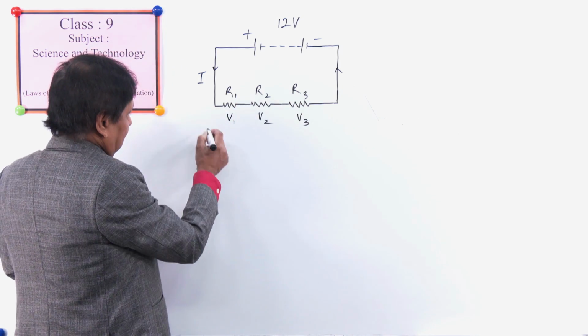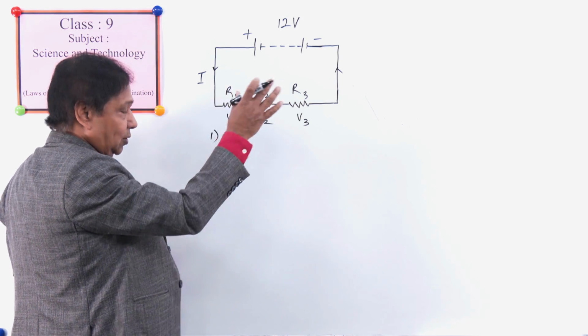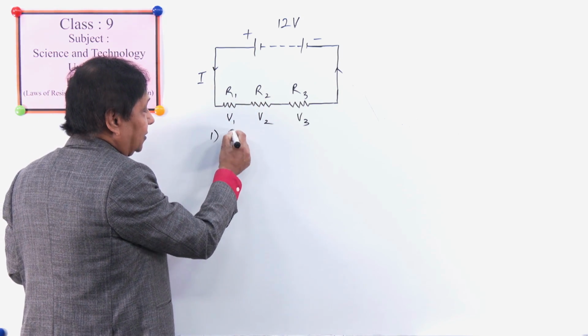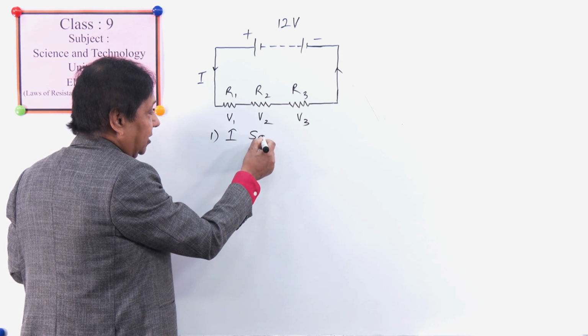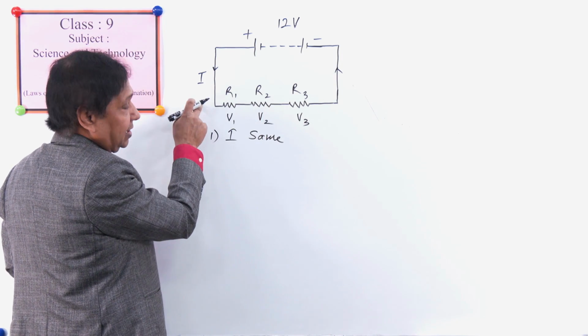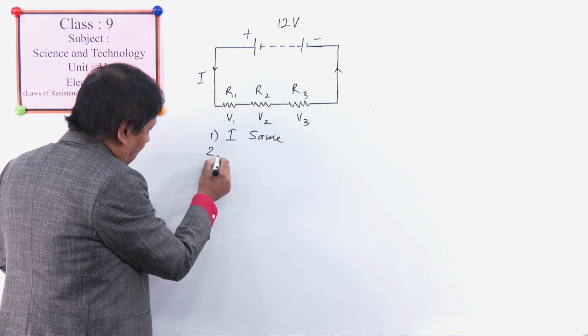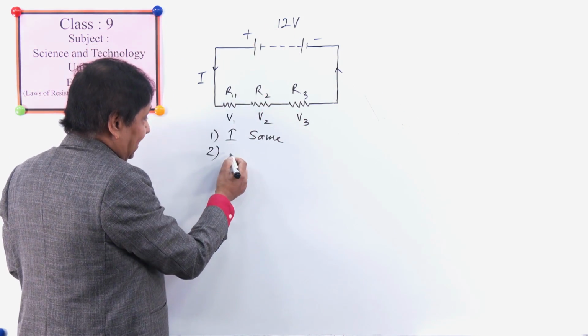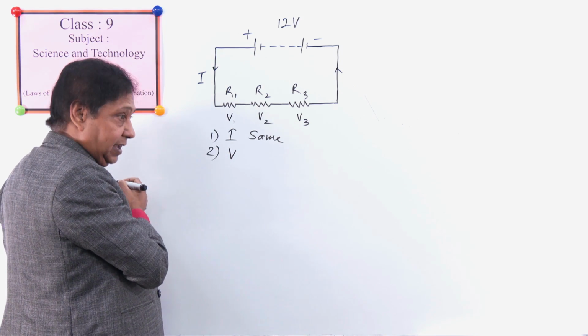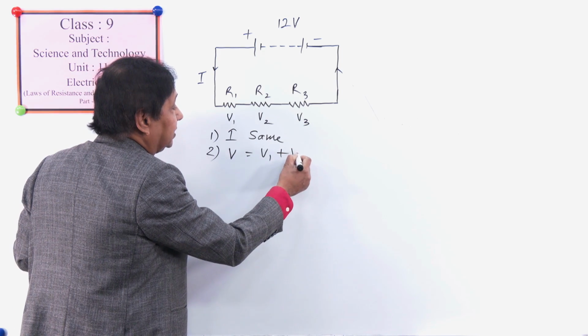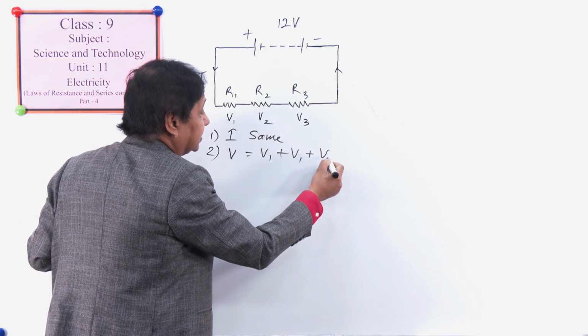That's why in this circuit, the first characteristic is that the same current passes through each of the resistors. Current remains the same. If it is 1 ampere, 1 ampere for each. And the second point: the total potential difference, represented by V, is found to be equal to the sum of the potential difference across each resistor.